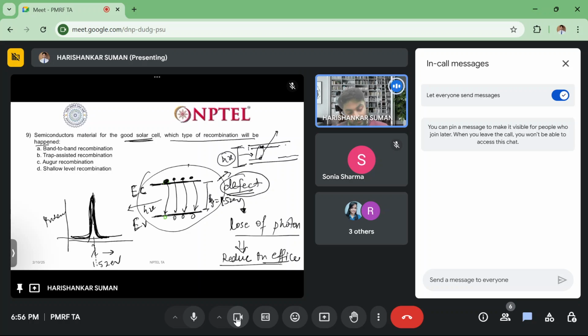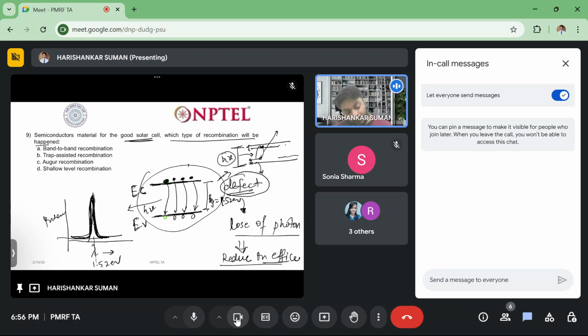So the rest of the energy goes to the defect. Due to the defects, the material can relax via heating or phonon generation.